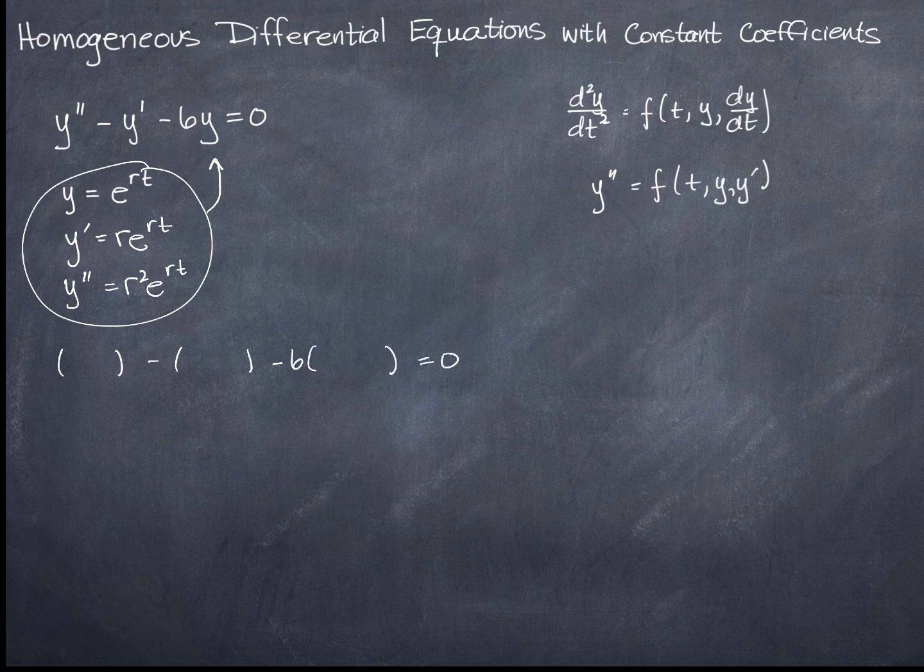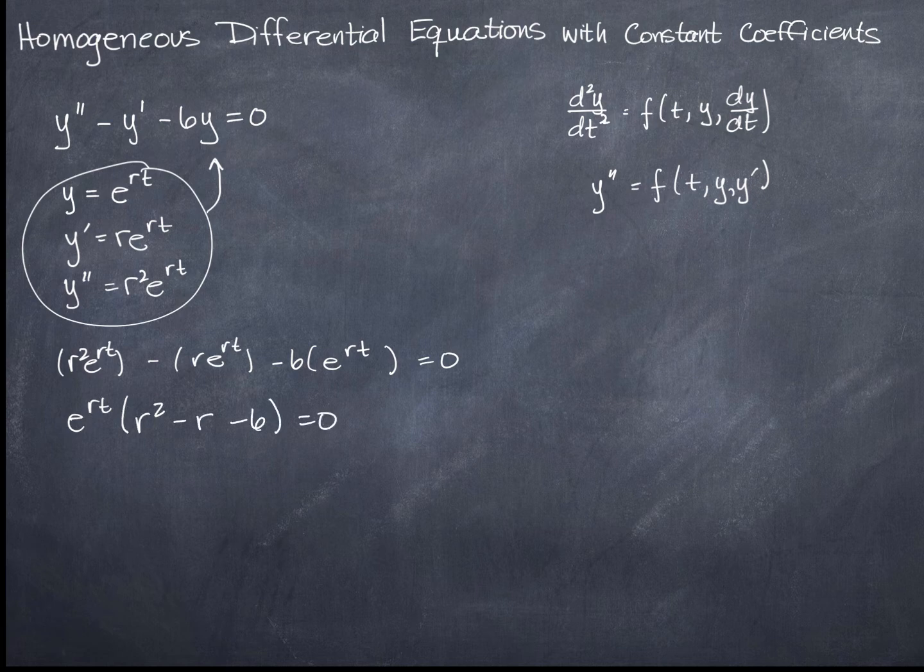Y double prime I found to be r squared e to the rt. Y prime is just r e to the rt, and y was e to the rt. What's interesting here is that I now have an e to the rt in every single one of these terms. So let's factor that out. I get e to the rt times r squared minus r minus 6 equals 0.